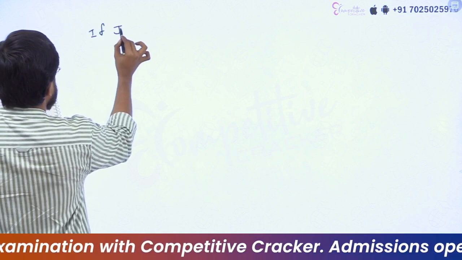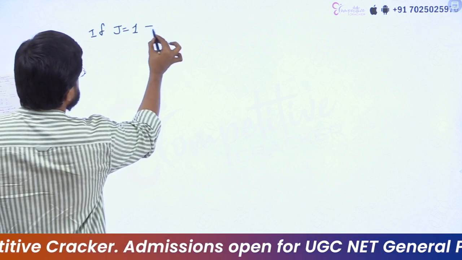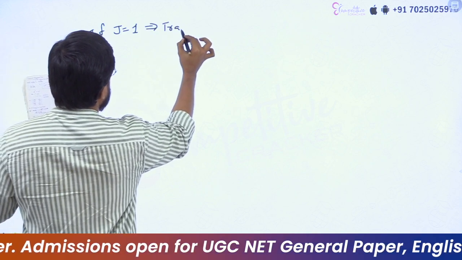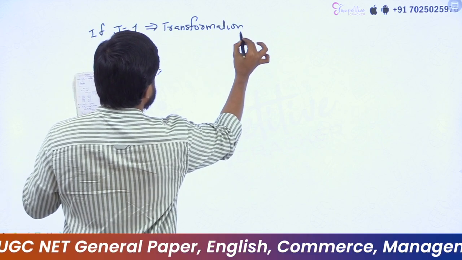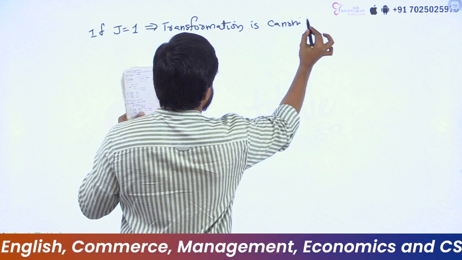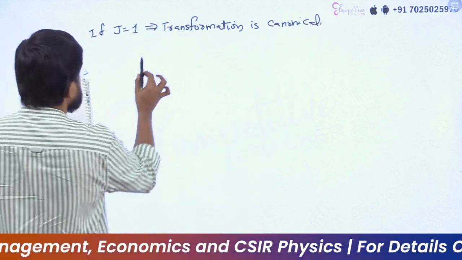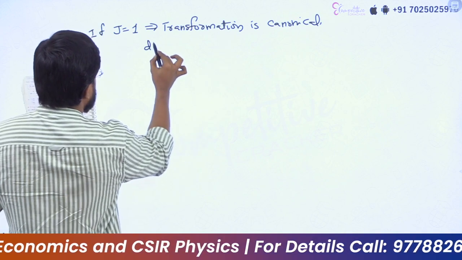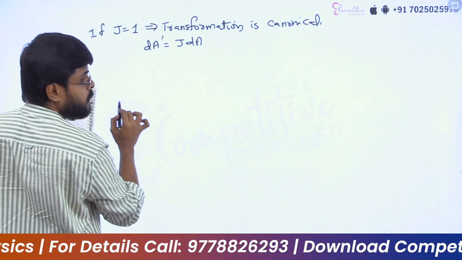So if J is equal to 1, the transformation is canonical. In that case, we have found out that dA prime is equal to J dA, right?